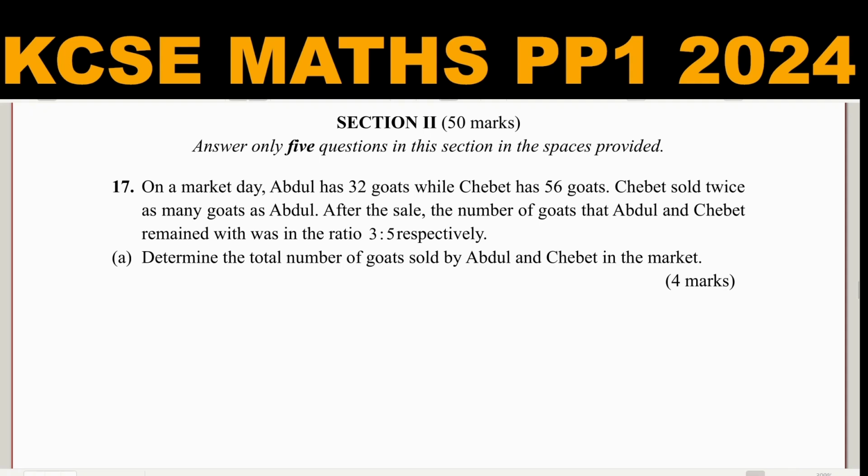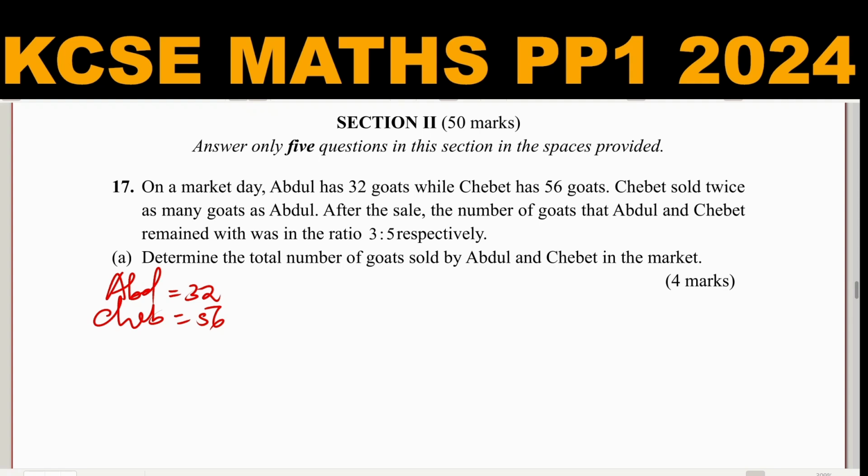So we go to the first statement where we have Abdul had 32 goats. Then Chebet had 56 goats. Chebet sold twice as many goats as Abdul.